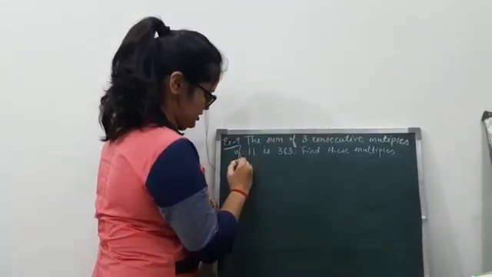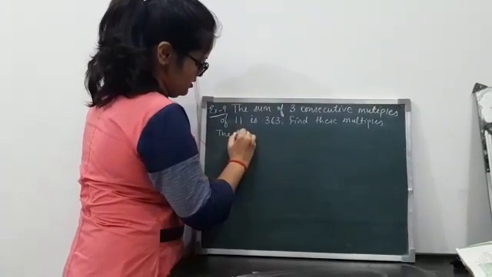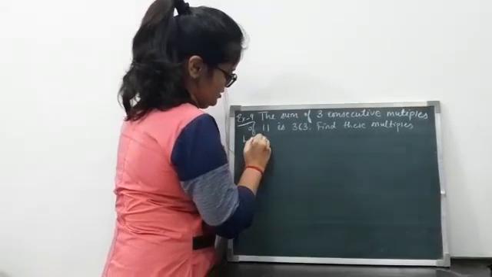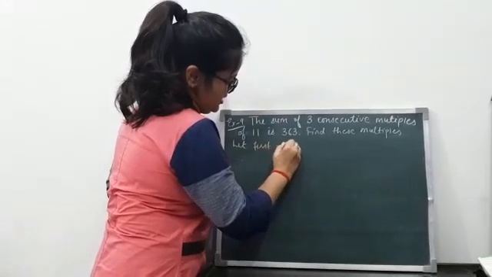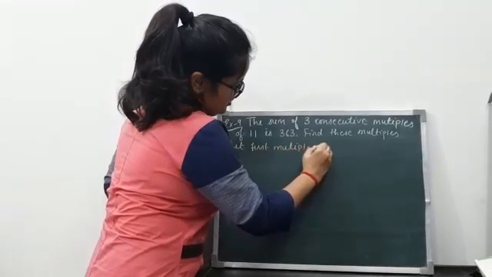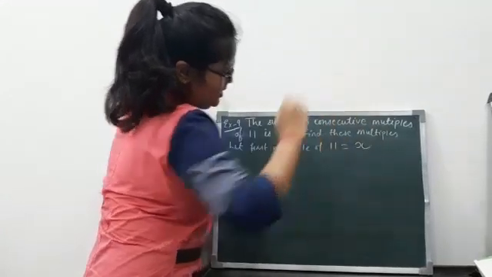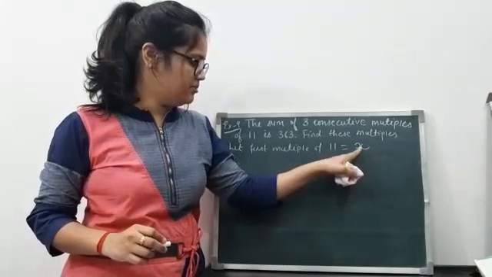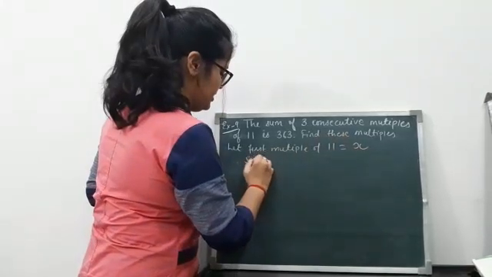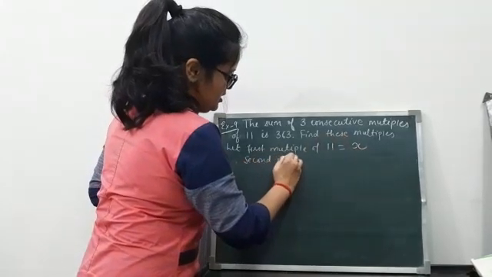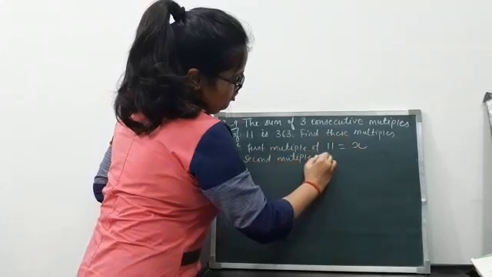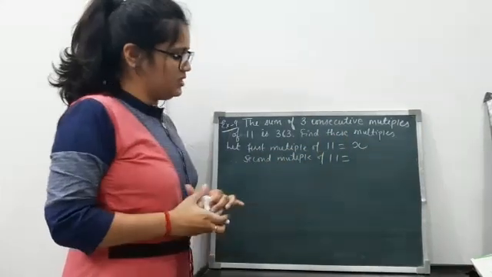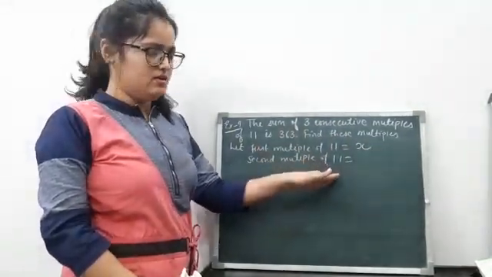Suppose the first multiple of 11 is equal to x. If I consider that x is the first multiple of 11, then what will be the second multiple of 11?